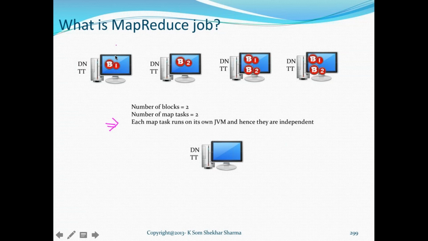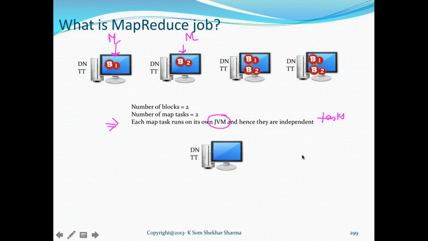Each of the map tasks will take a block of data. You don't know which blocks, but assuming one map task takes this block of data, and the other map task takes this other block. Please understand that each of the map tasks is running on its own JVM, and hence they are independent tasks. What do we mean by independent tasks?